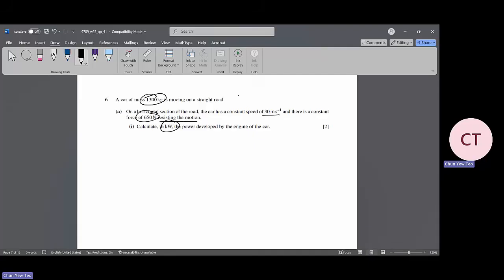Okay, so over here we know that the power is equal to FV. The F is the driving force, so that means the driving force can be rewritten as the power divided by the V. If you resolve the forces horizontally, you get the driving force minus the FR is equal to the MA.